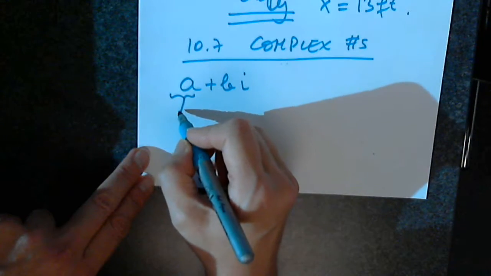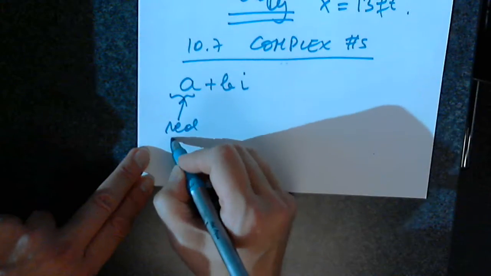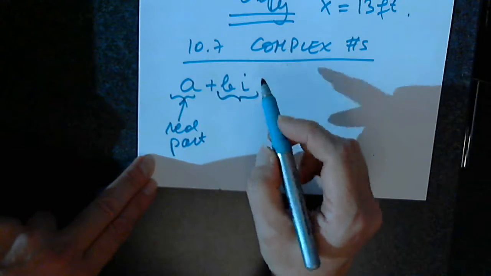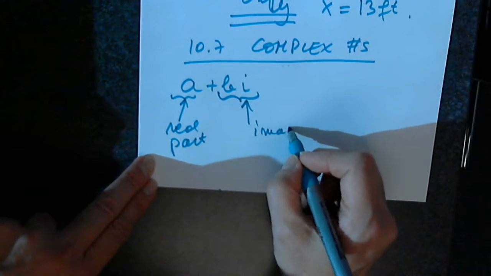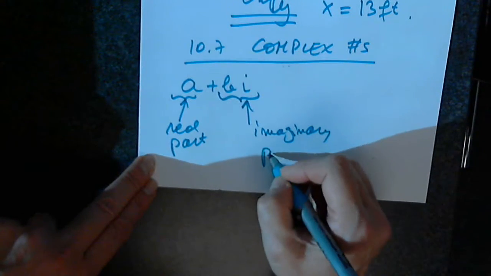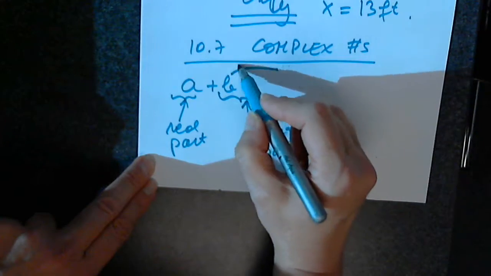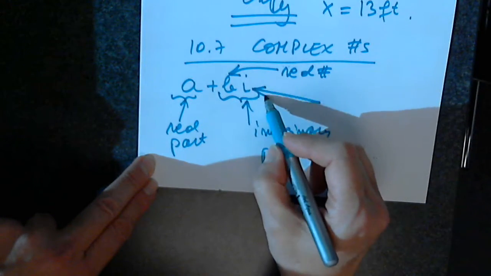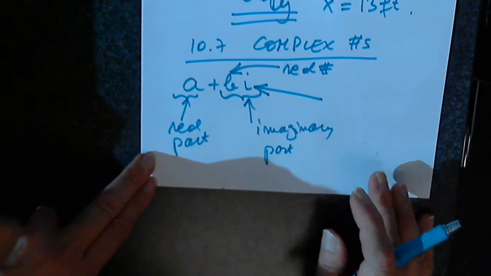It has a real part, and an imaginary part. This is a real number. And this is called the imaginary unit.